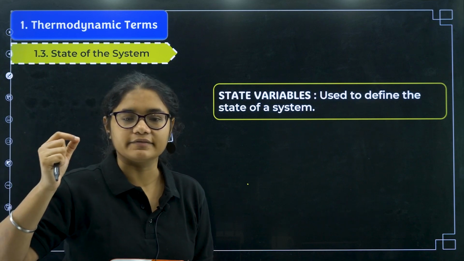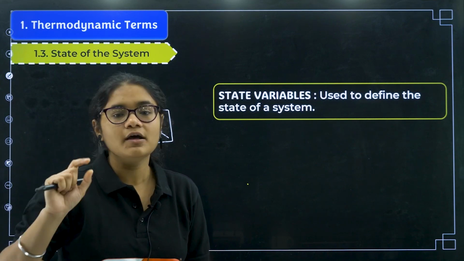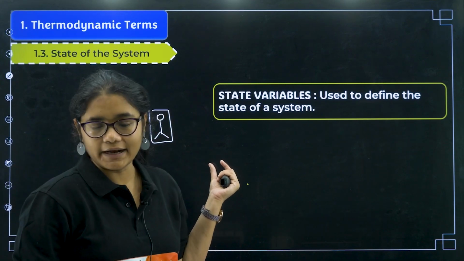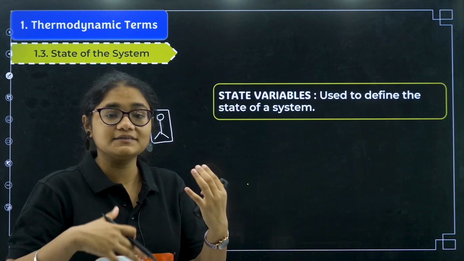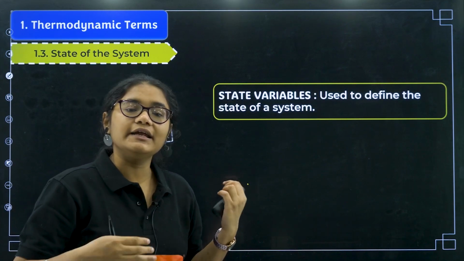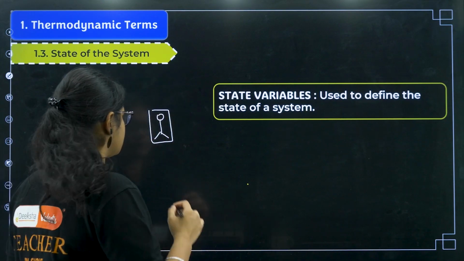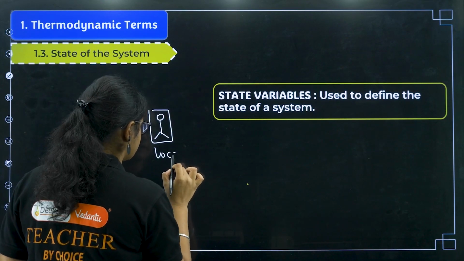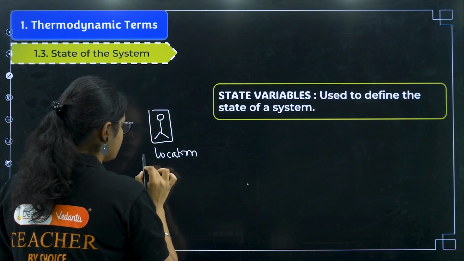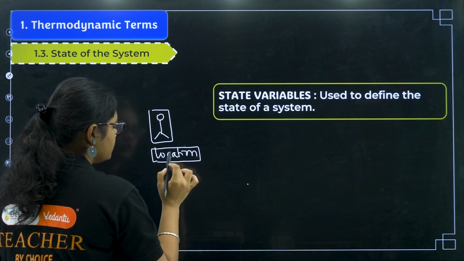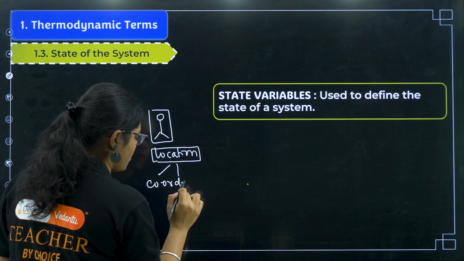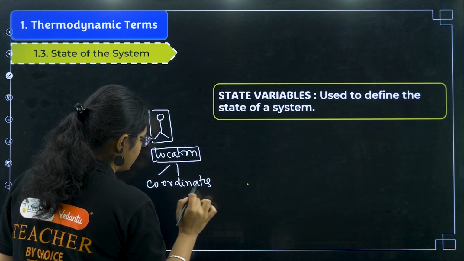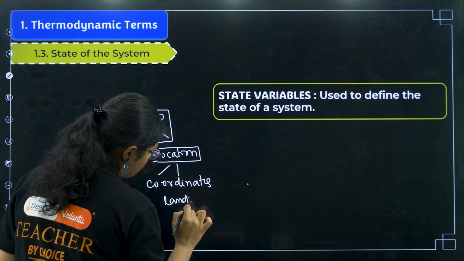Similarly, to tell about the state of a system, we need certain parameters. To tell your location, you can tell the coordinates where you are standing, or the landmark.